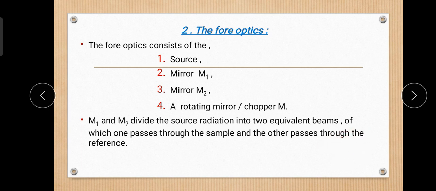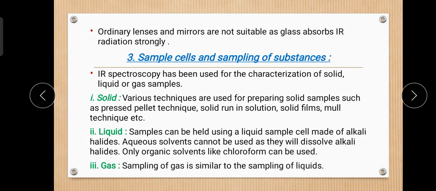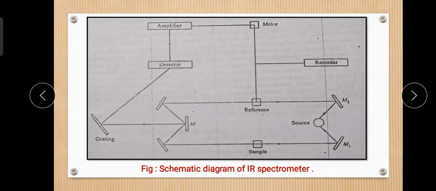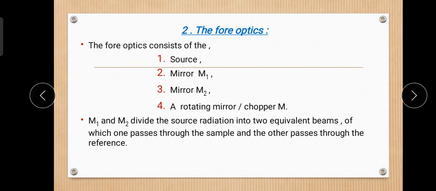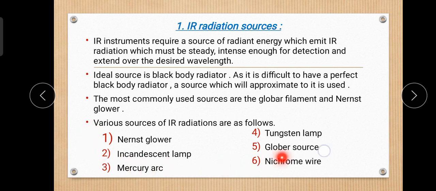As shown in the figure, we have the schematic diagram of the IR spectrometer. Here is the four optics arrangement. It consists of a source, the IR radiation source, which may be the nichrome wire or Nernst glower or any of those sources, but commonly the globar filament and Nernst glower are used.